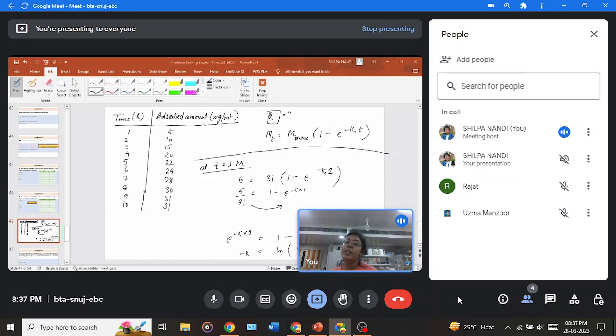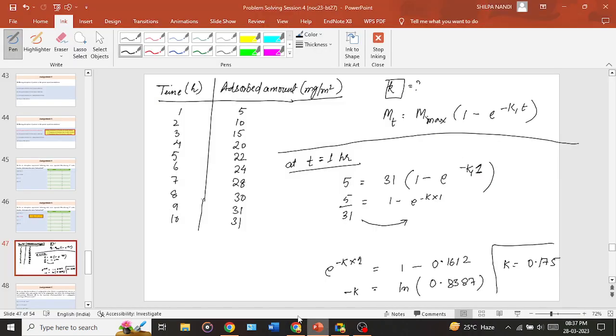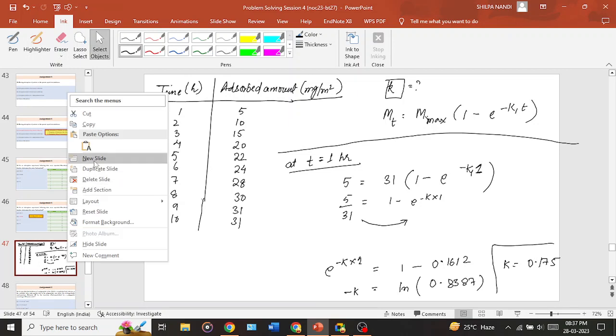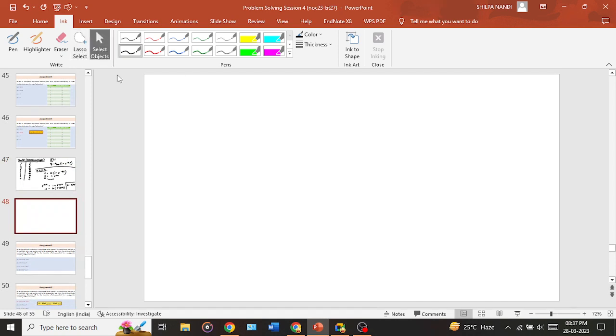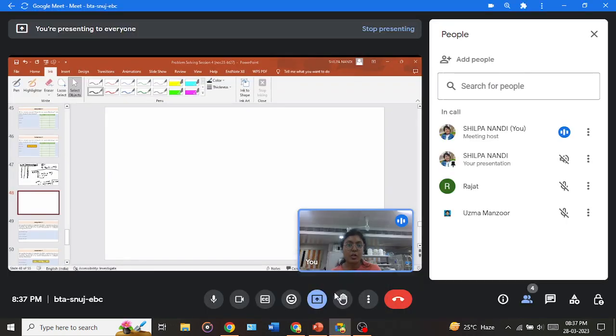Similarly, we'll find the k at 2 hour, then 3, 4, and we'll go until 10. I will try to solve it quickly. If you can, you may also go on trying to find the k at each and every hour.